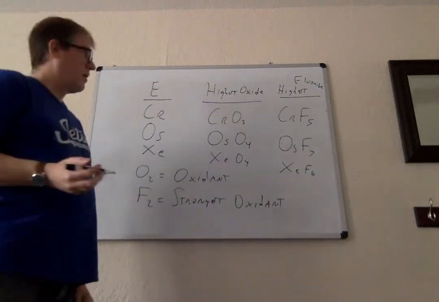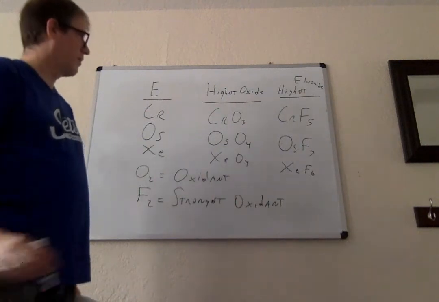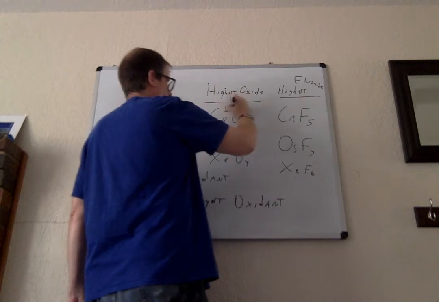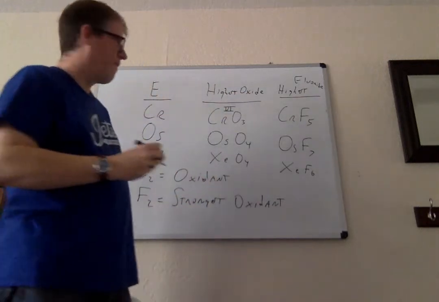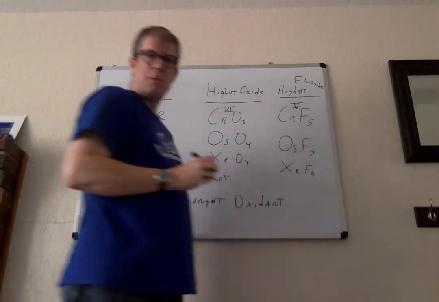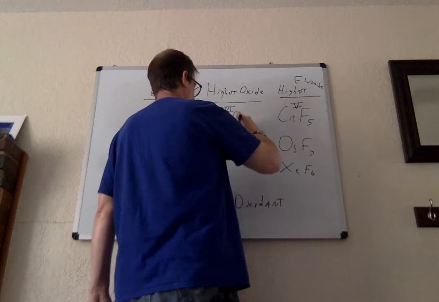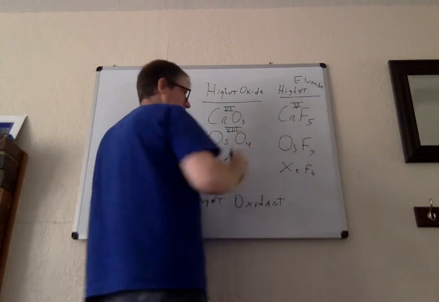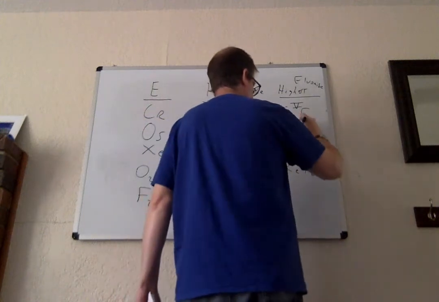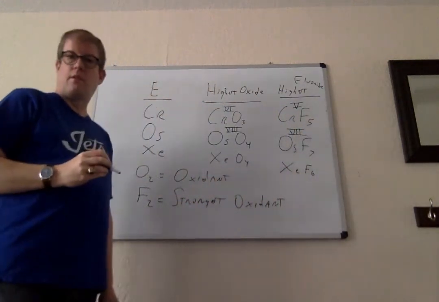So what does this mean? Well, what are the oxidation states in each of these 6 compounds? Here, it's chromium 6. But here, it's only chromium 5. Here, we have osmium 8, but the fluoride is osmium 7.